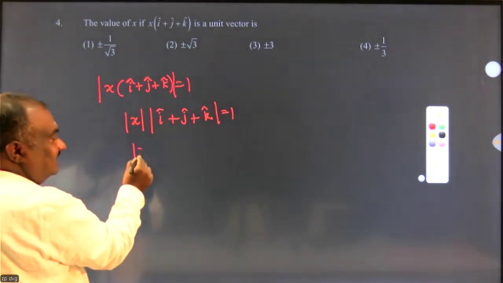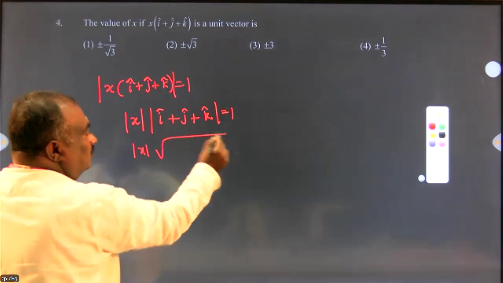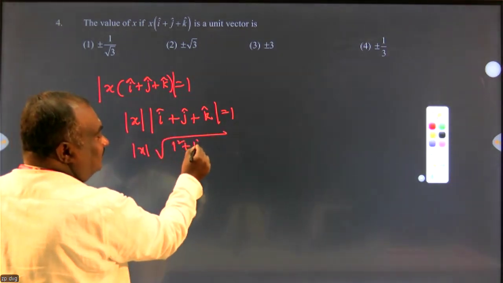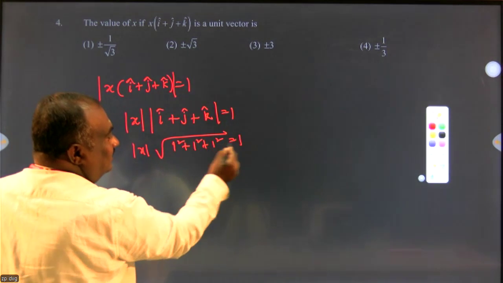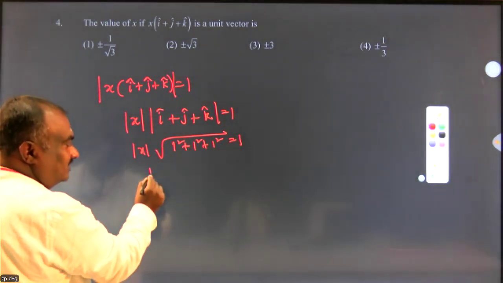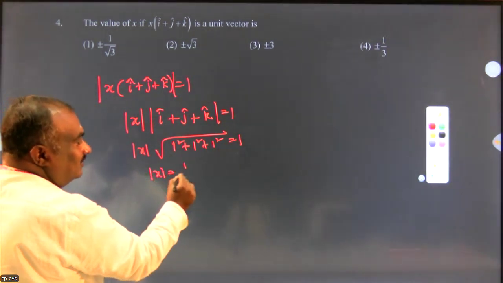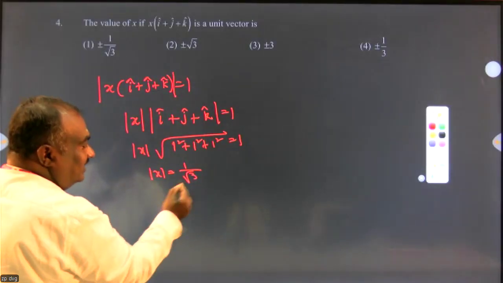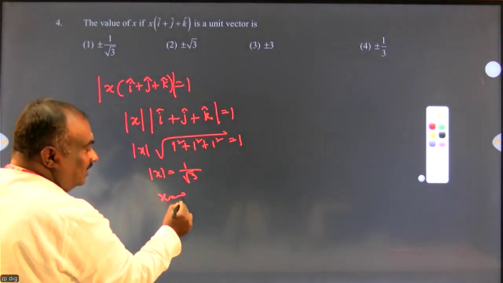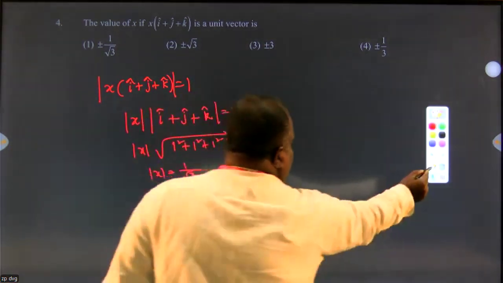Now, this is modulus x as it is. And this one is root of 1 square plus 1 square plus 1 square. Now, 1 plus 1 plus 1 is root 3. Therefore, modulus x is equal to what you got? 1 by root 3. Finally, x is equal to what you are getting? Plus or minus 1 by root 3.